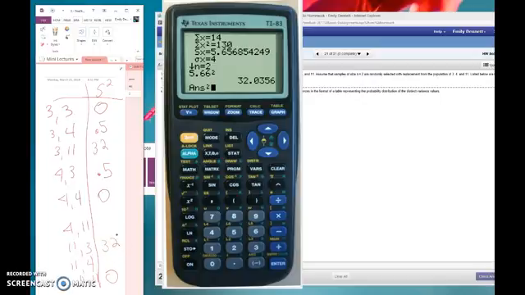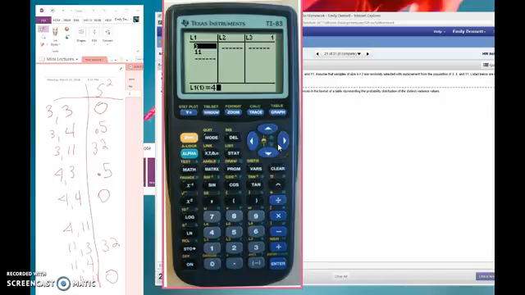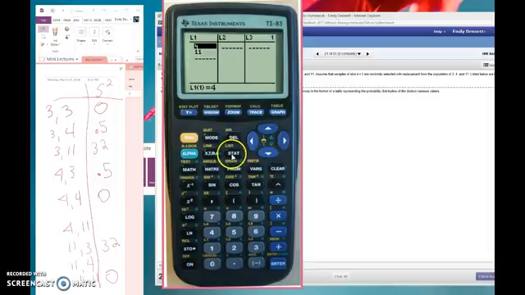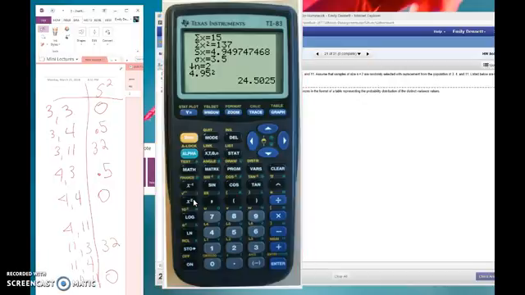And then the only one we have left is 4 and 11. So stat, edit, 4 and 11. Okay, so here we have 4.95. We want to square that. So here we'd have 24.5. So for that one and for this one.